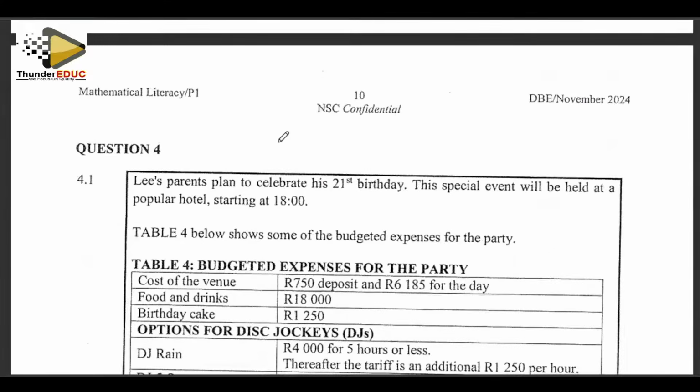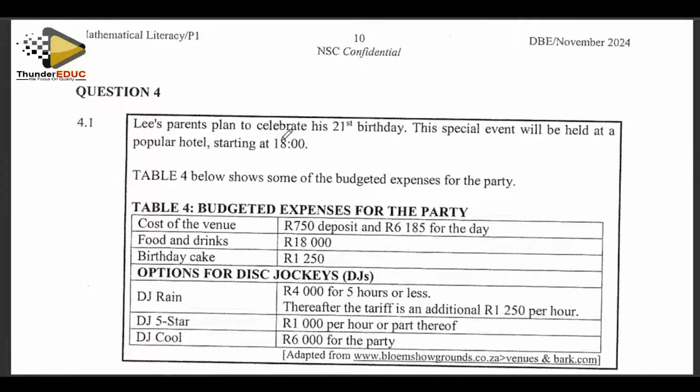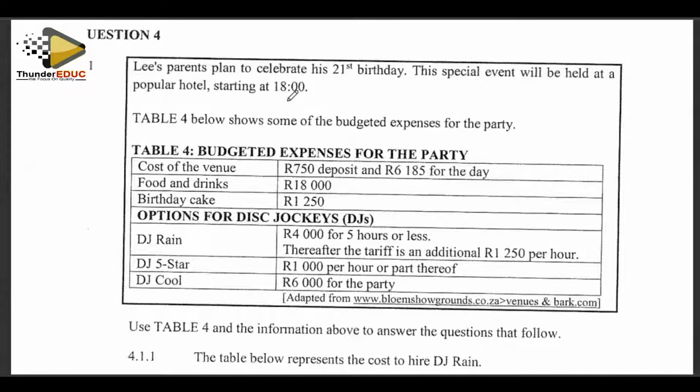Okay, we go to question number 4. Question number 4, we deal with finance a little bit. Lee's parents plan to celebrate his 21st birthday. This special event will be held at a popular hotel starting from 18 hours, which is 6 p.m. Below shows some of the budgeted expenses for the party.